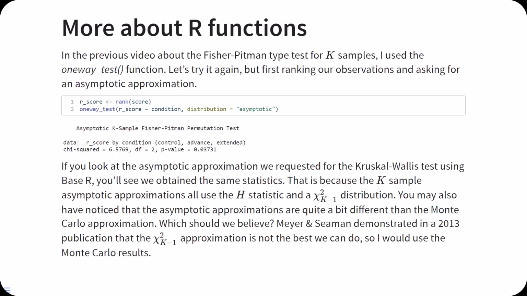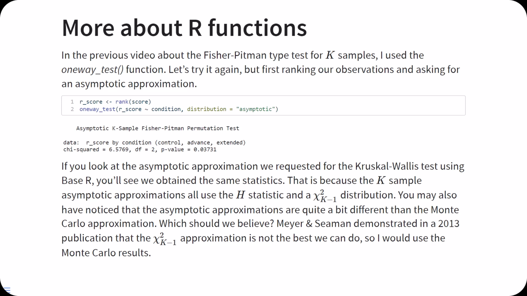What's going on? This is the one-way test. This is not Kruskal-Wallis. Well, we are doing Kruskal-Wallis because we ranked our observations first, and what this tells me is that this is an H statistic being calculated. And that would be true even if you're using original scores.